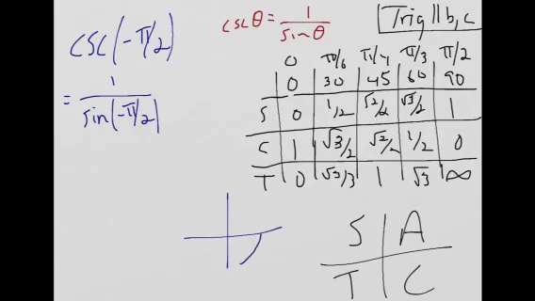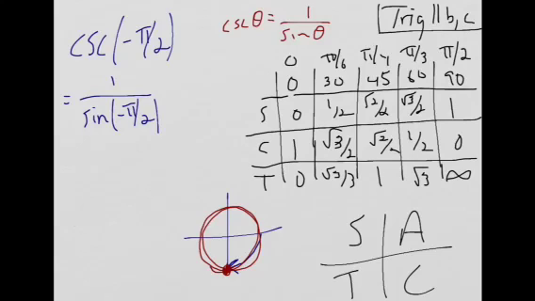So pi over 2 is 90 degrees. So negative pi over 2 is going to take me to this spot right here. I love thinking in terms of the unit circle when I'm doing these, because I feel like it makes it easier to see what's going on. So I'm there on the unit circle.